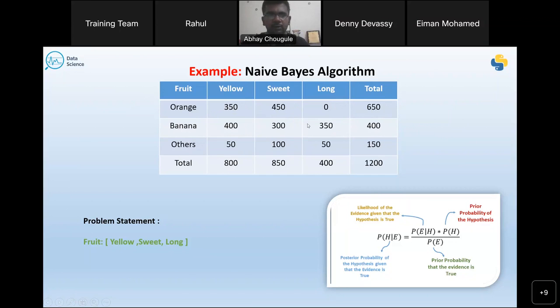So we have done a total of these values. Yellow totals 800, sweetness 850, and long 400. We have made subtotals here and totals of the subtotals, so 1200 is the total. This is the data we got.